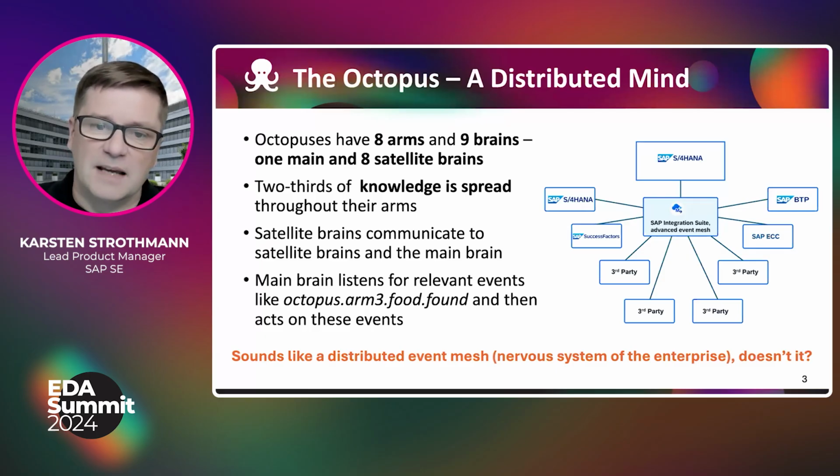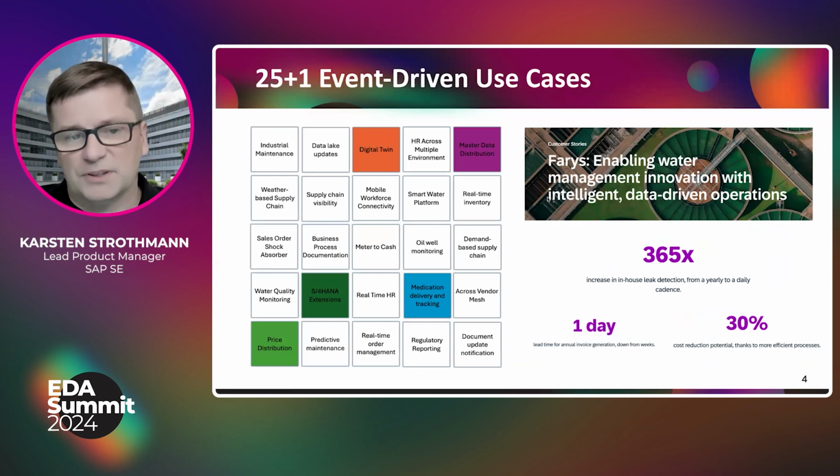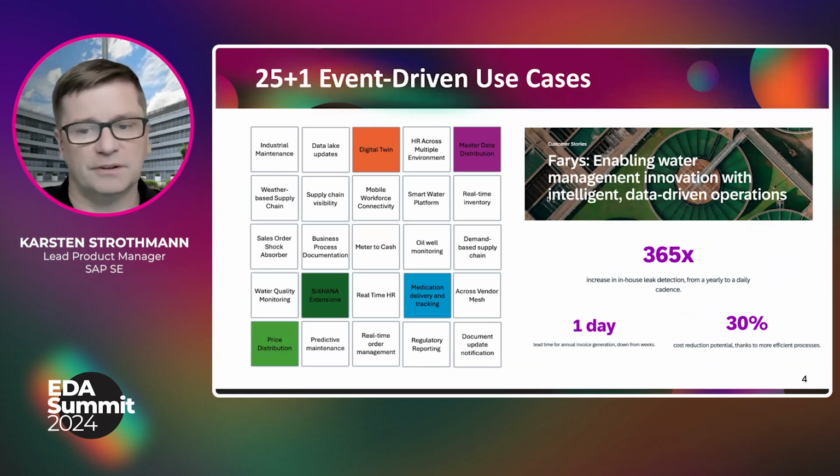Now, in the next step, let's quickly look at a number of event-driven use cases. And well, this technology is already getting quite mature. We have lots and lots of customers that have started small, that are now growing and addressing bigger and more sophisticated scenarios using event-driven architecture.